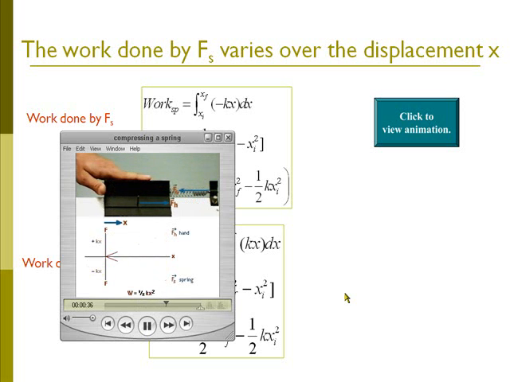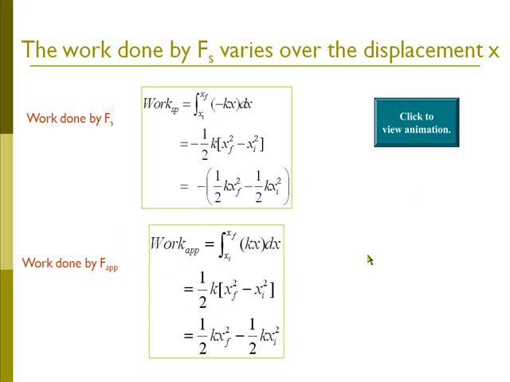Since the displacement is in the same direction as the force applied by the hand, the hand does positive work on the glider. Force and displacement are in opposite directions for the spring, and so the spring does negative work on the glider. Note that the net work done on the glider is 0. In this case, because both the spring and the applied force are doing work on the spring.